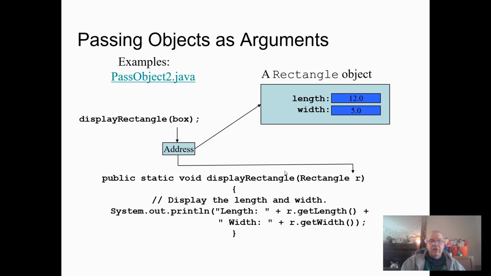It doesn't pass, of course, the whole Rectangle object, it just passes the address. So the same memory pointer exists for both the argument box and the parameter r.